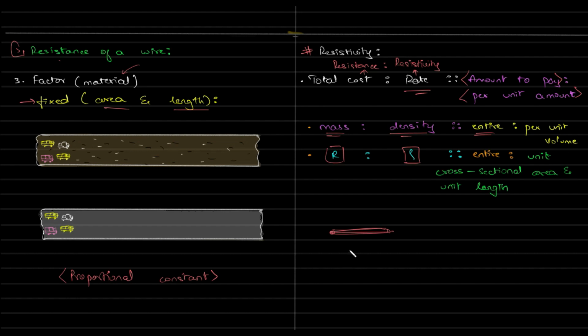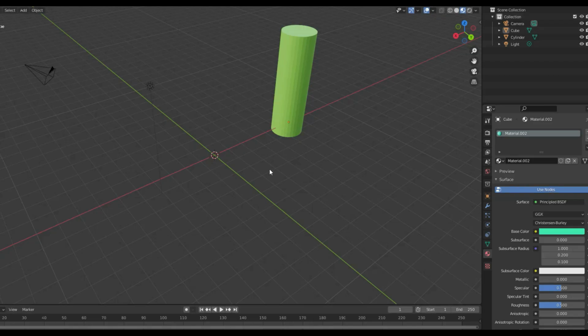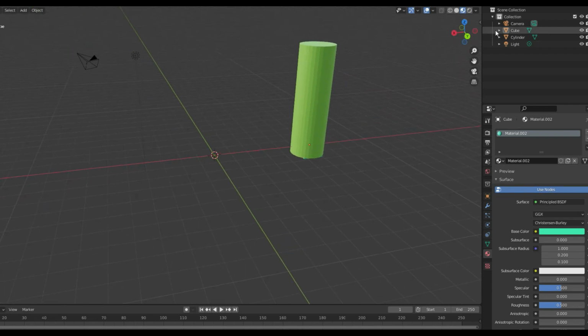Let me show it to you. Just a second. So here I have a wire. Out of this, I will cut a piece that is a unit long with a unit area of cross section, and place it in front of you. I'm cutting out a unit length of material with unit cross section.